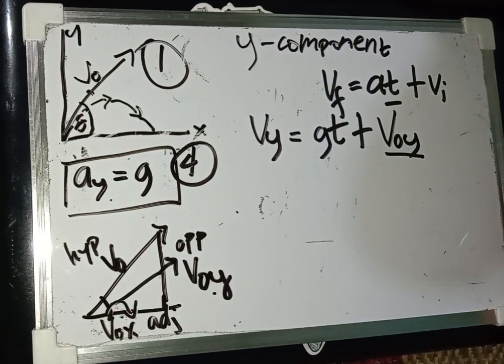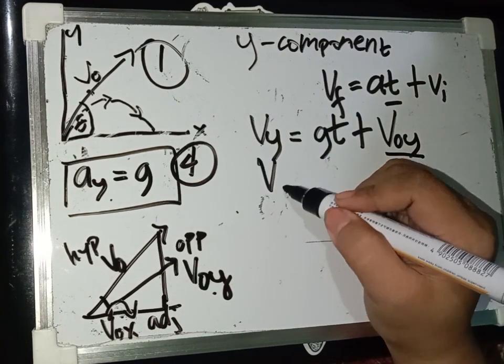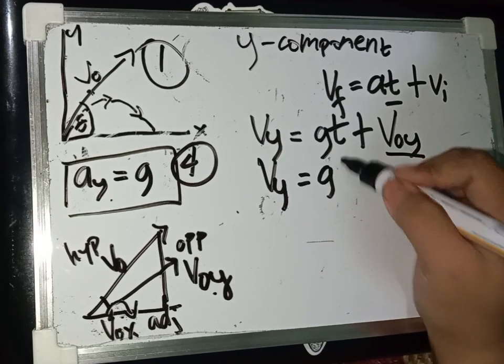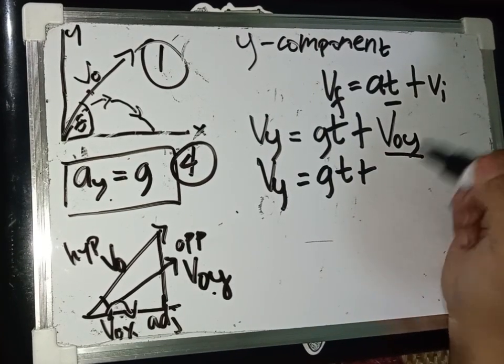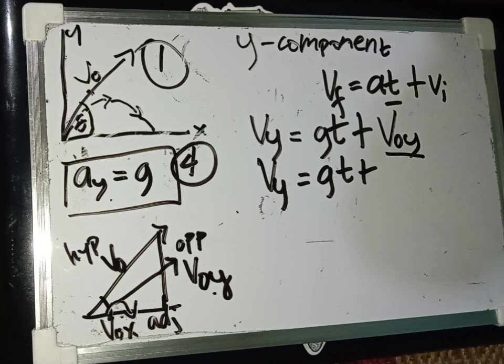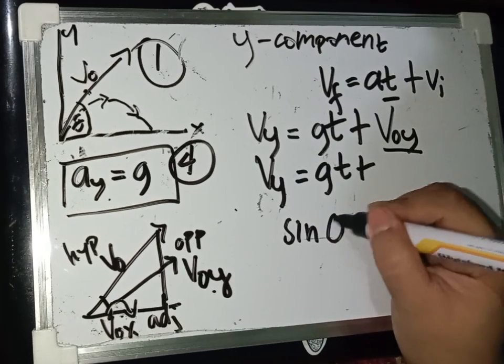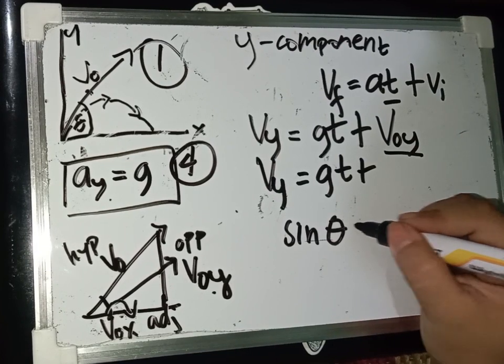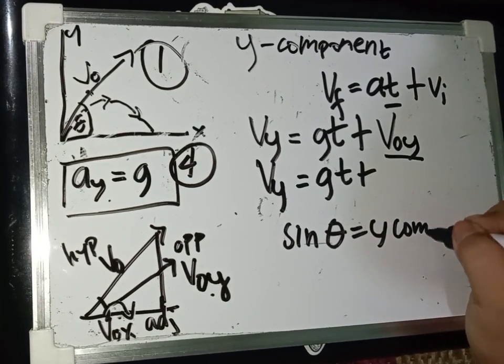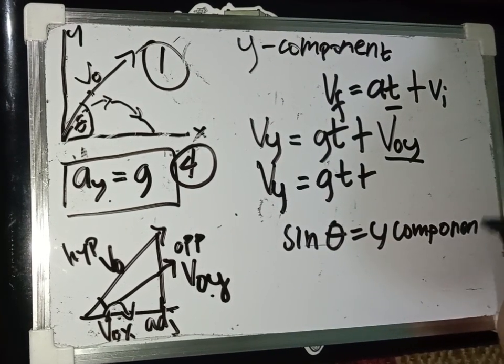But then, again, we need to find the exact value for the v naught of y because there is no given value. So, velocity at y is equivalent to gt plus, of course, what trigonometric function are you going to use? You will be using sine theta since you are looking for the y component. Sine theta for y component. Remember that. We have discussed this in the vectors.